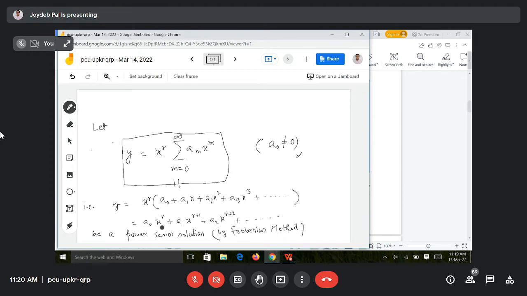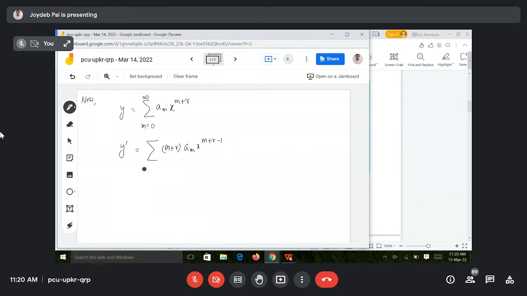Yes, sir. So a naught was the first term, and that is constant. After differentiation it becomes 0, but here the first term is not constant, right? So after differentiating it is not vanishing. Therefore the limit of the summation will start from 0, meaning from where it was. Are you getting? Yes, sir. Any doubt?